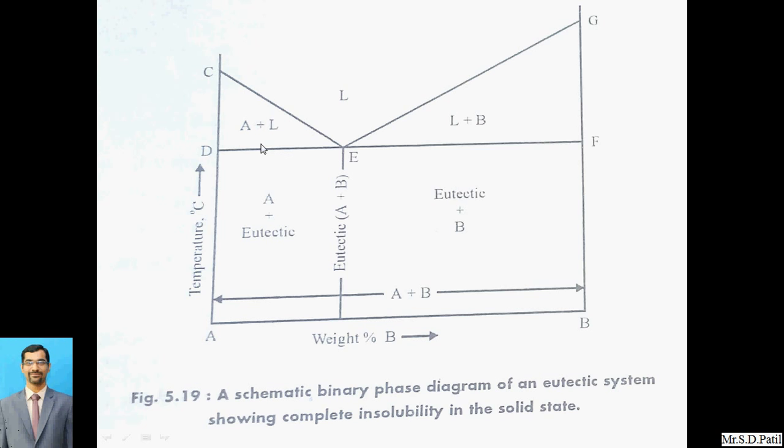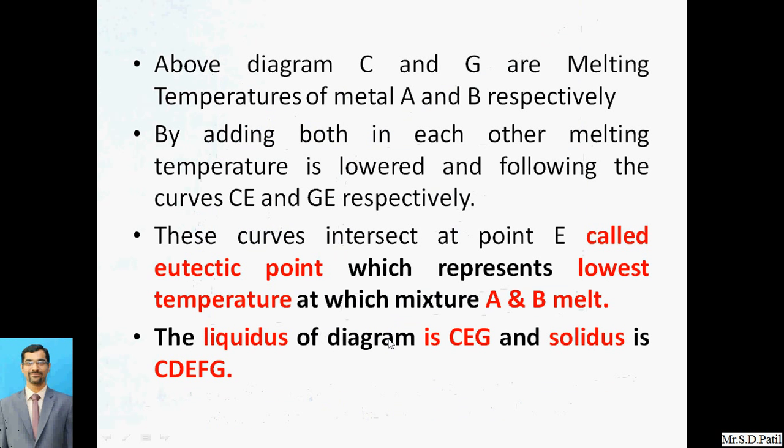Below this particular line DEF, the solid state is there. So in the solid state, A plus eutectic, then the eutectic point. Here liquid plus B, and this is the eutectic point. Below this eutectic point, we get two separate solids, A plus B, and in this zone, B plus eutectic.